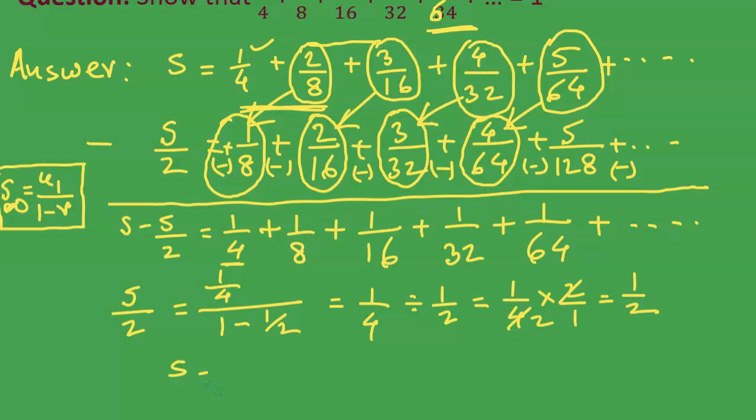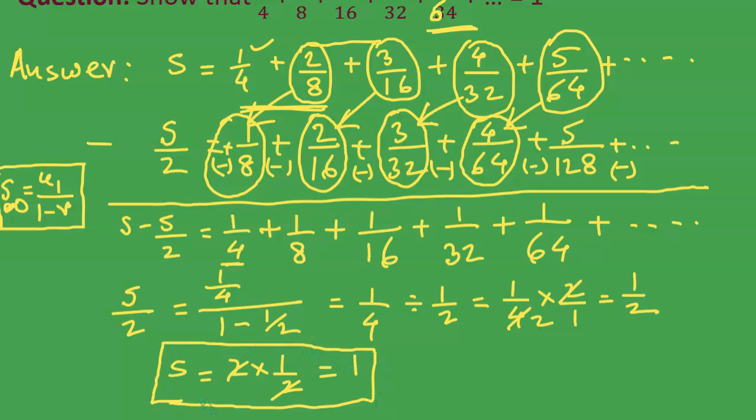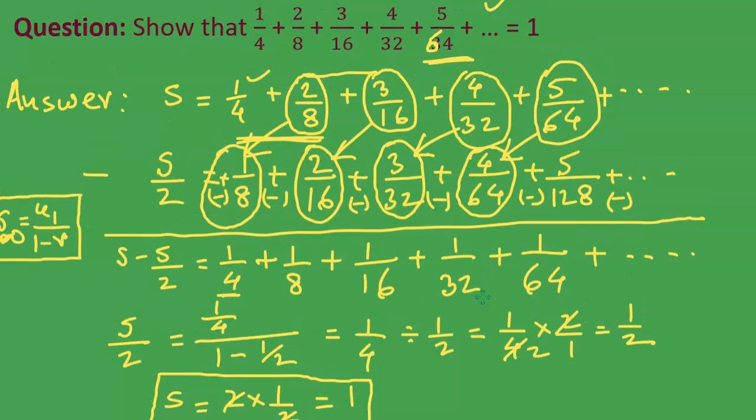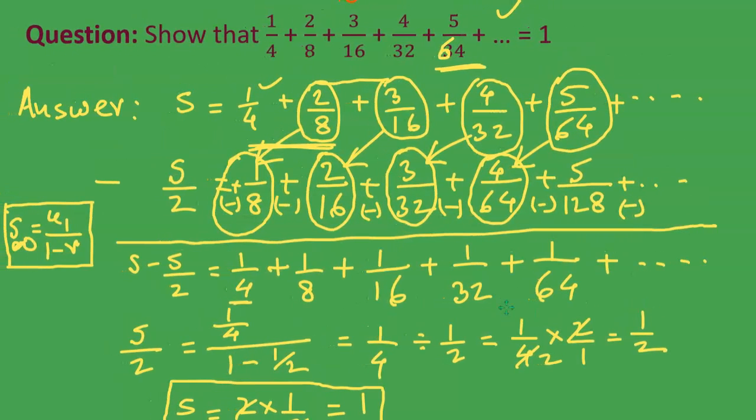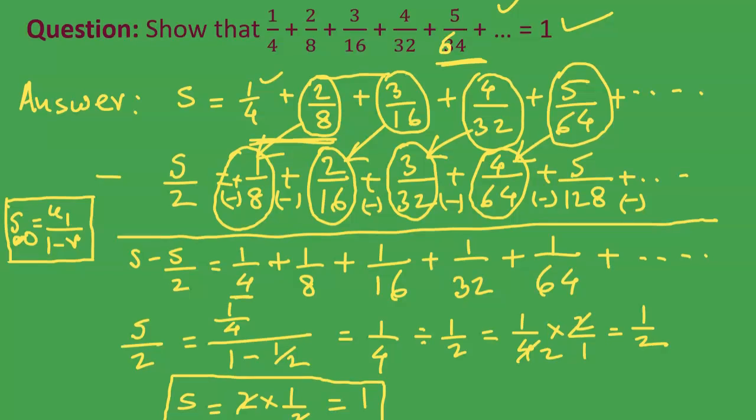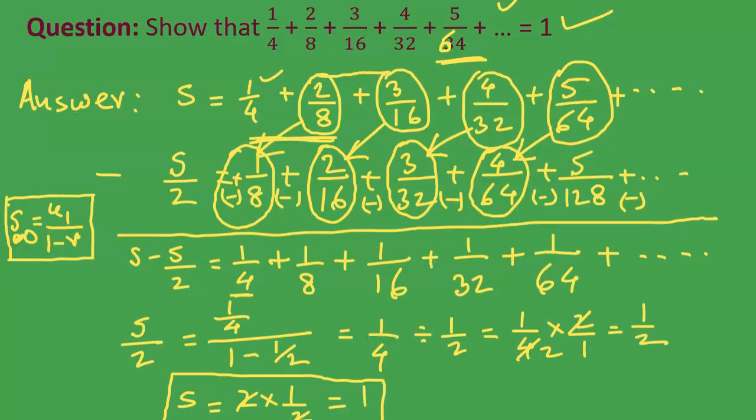Therefore, S is equal to 2 times half, which is equal to 1. Okay. So we have shown that the sum of the infinite number of terms that they have given is indeed equal to 1. Okay. I cannot fit the two parts together, but you can see that S equal to 1. This is shown.